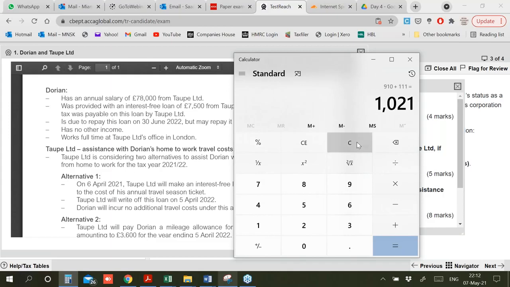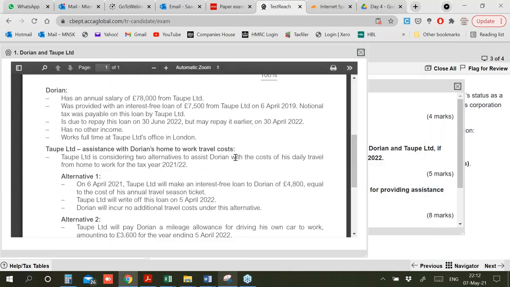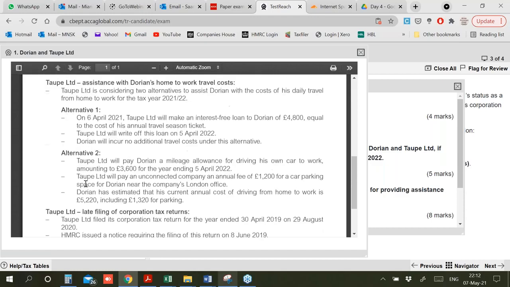Now, if he accepts the second alternative, that is T Limited will pay D a mileage allowance for driving his own car to work amounting to 3600. T Limited will also pay an unconnected company an annual fee of 1200 for a parking space for Dorian near the company's London office. Do remember that paying parking fees for an employee near the office is an exempt benefit.